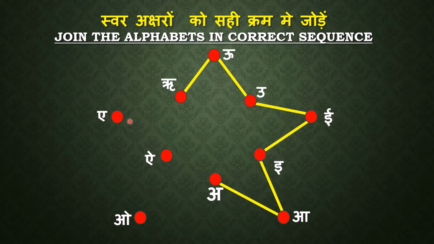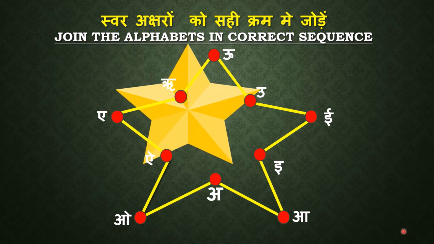Then this side A or A. Yes, it is A. Then again we come down to the next letter A. After A, it is O. So let's come to the beginning point. Oh, this forms a star. And you have done the correct sequence. So, good work.